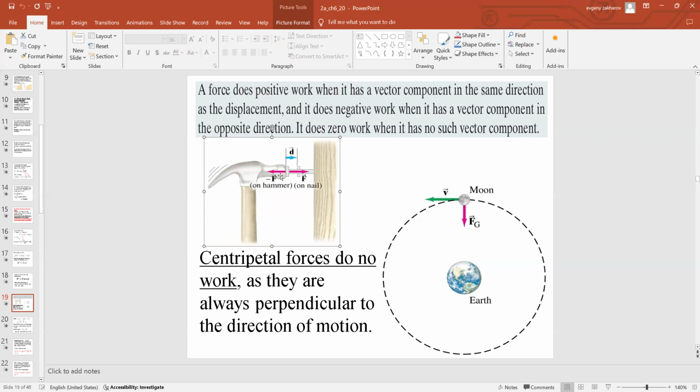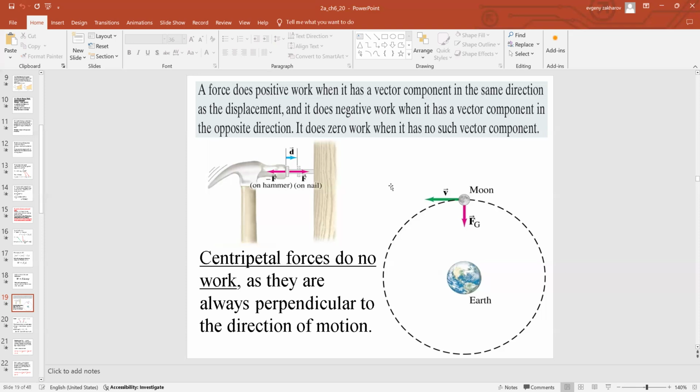But if it's the question about the nail on the hammer and the force is opposite, then force is to the left, displacement is still to the right, and the angle between the two vectors is 180 degrees. And cosine of 180 degrees is -1. So the work would be negative.